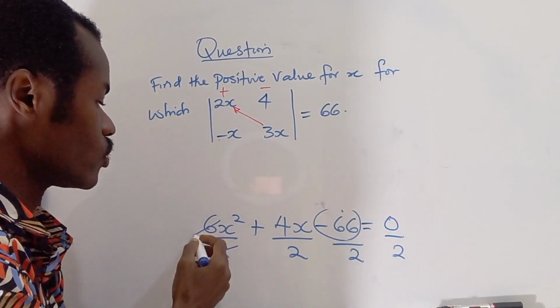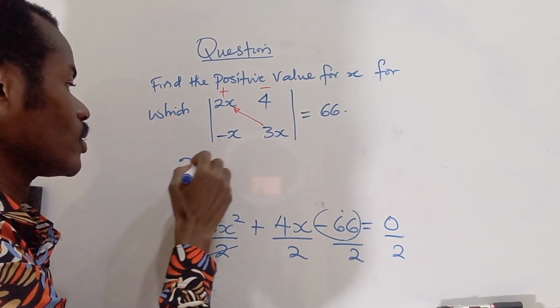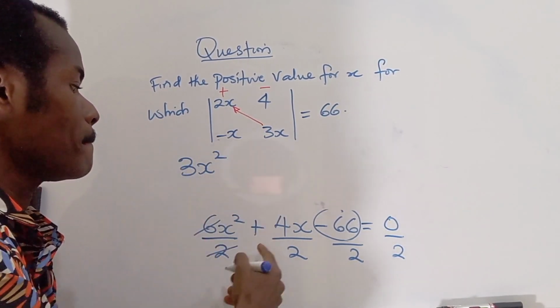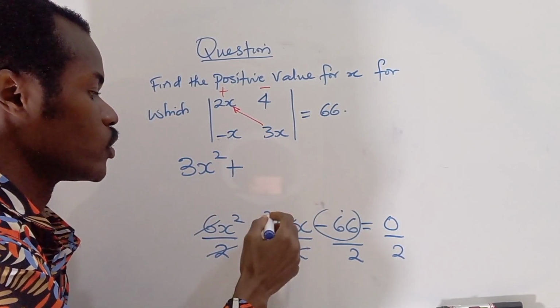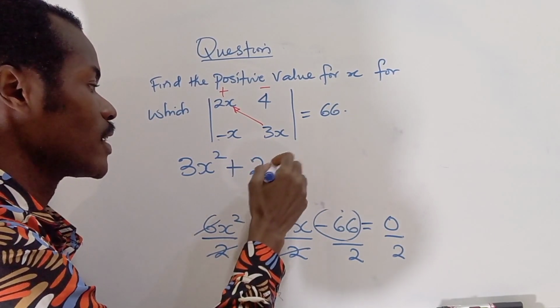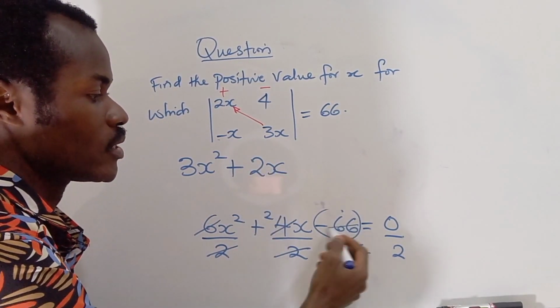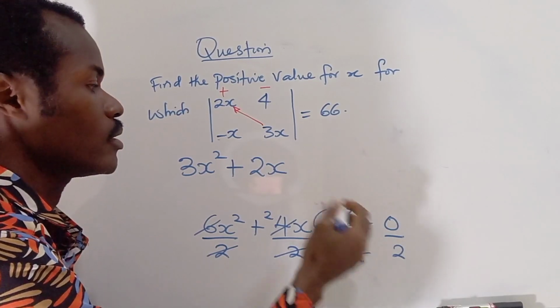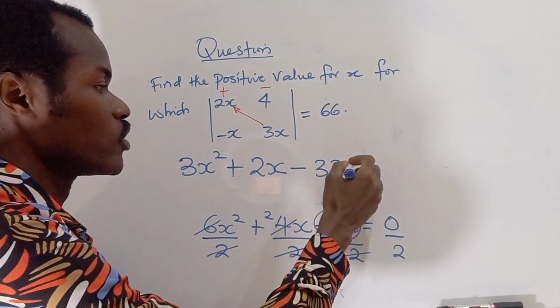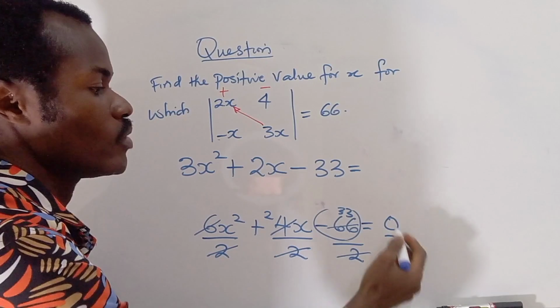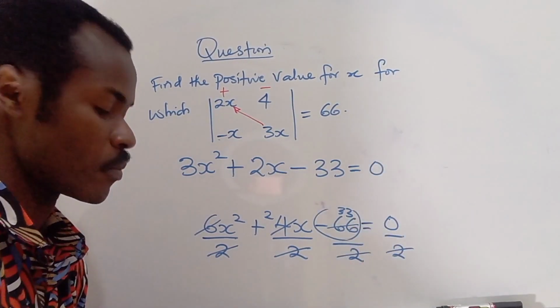So 2 will cancel 6, which gives us 3, so we have 3x squared plus, 2 will cancel 4, which is 2, so we have 2x, and 2 will cancel 66, which is 33, so we have minus 33, which is equal to 0, since 0 divided by 2 is still 0.